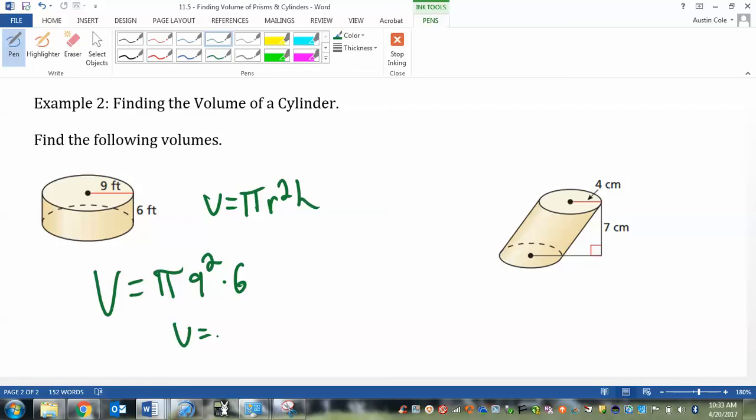What'd you get, Joey? 1,526.81. Exactly right. Okay, feet cubed. Don't forget your units. 1,526.81 feet cubed.